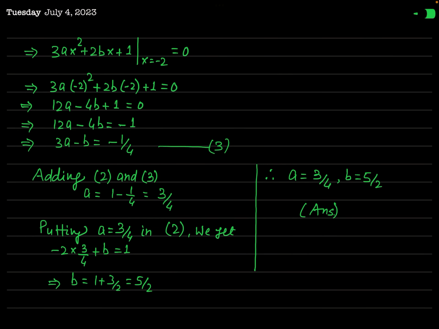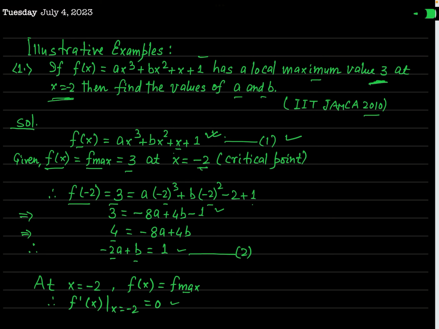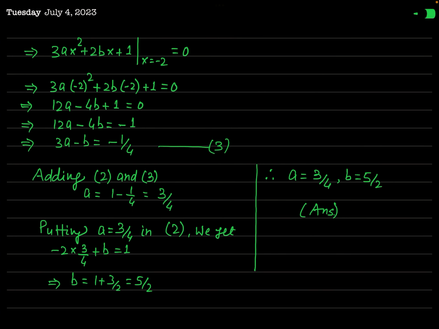Okay. Now let us differentiate the given function. This is your given function, and we will differentiate it. So after differentiating, you will get 3ax square plus 2bx plus 1 when x is equal to -2, and that will be equal to, in fact, 0. Now we know that when x is -2, then f dash of x is 0.